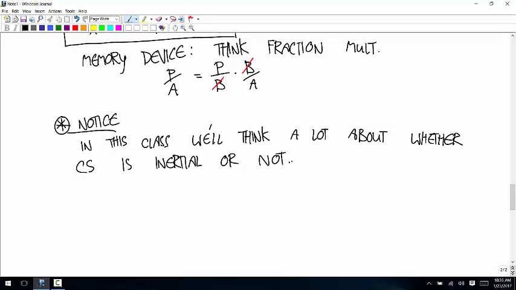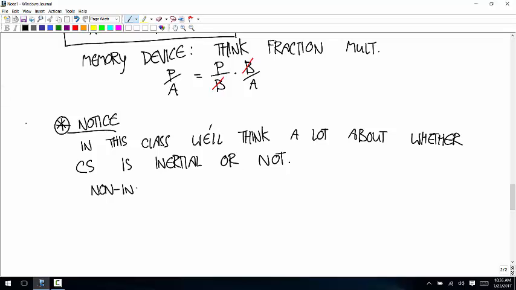What are the two ways a coordinate system can be non-inertial? Yeah. Okay, so, well, that's what I'm going into, but I was just checking to see if anyone remembered.